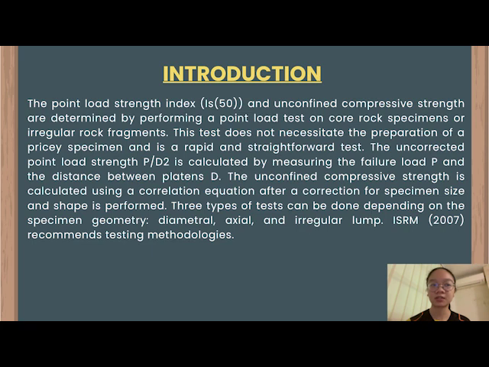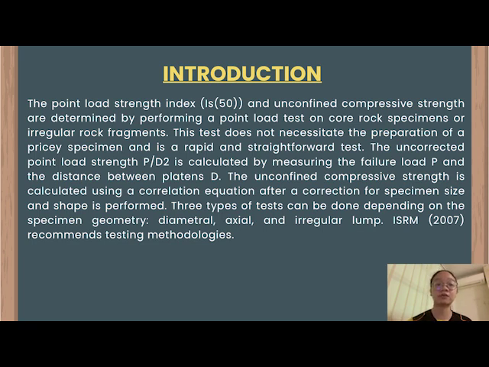The uncorrected point load strength, P over D square, is calculated by measuring the failure load P and the distance between platens D. The unconfined compressive strength is calculated using a correlation equation after a correction for specimen size and shape is performed.